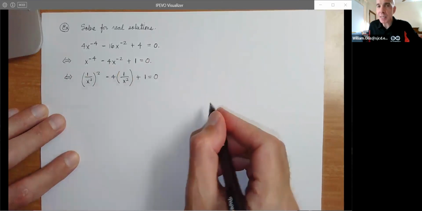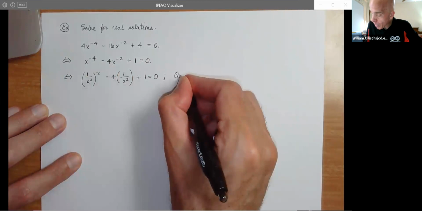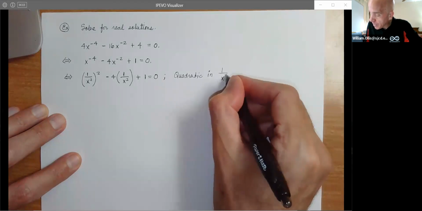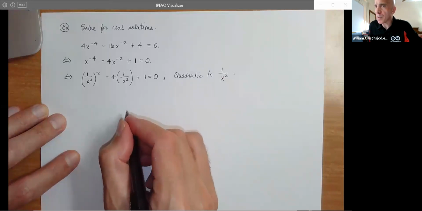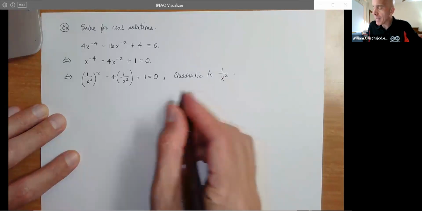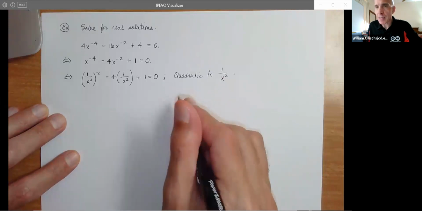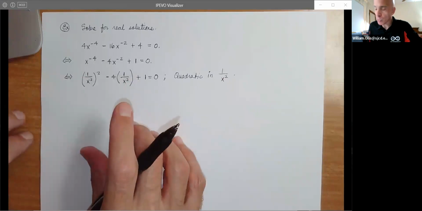And that might make it look a little bit more obvious that this now is quadratic in the expression 1 over x squared. The negative powers are not a problem, and there's nothing wrong with that, but it might make it a little bit easier to analyze when you start solving things if it's written this way. And that's, again, just a personal choice.